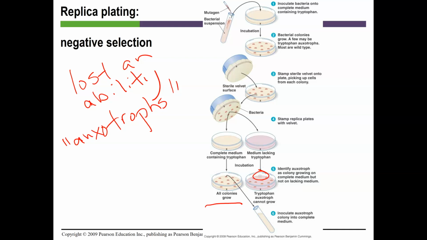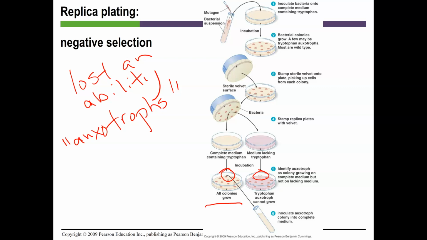You have to compare the original plate with the nutrient-lacking plate to find the missing colonies. You'll then verify that those colonies have the trait you desire, and now you have mutants to study. In sum, replica plating, a negative selection method, is used to find cells that have lost an ability compared to the wild type.